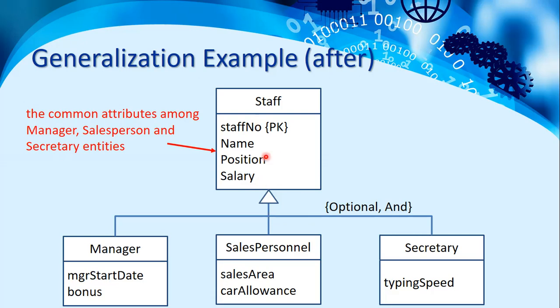It's because these are the common attributes, as stated in this label here. These are the common attributes for these three entities. Now, as you observe, we also have this label here. We'll talk about it in the next few slides.